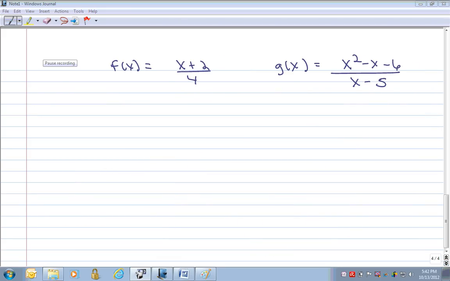All right, now we're going to look at these two examples. In the first example, we have the degree of the numerator is 1, so a first degree numerator, and in the bottom a 0 degree denominator. In the second example, we have a second degree numerator and a first degree denominator. Again, we're going to compare the tops. In this case, our top is larger, so bigger top.